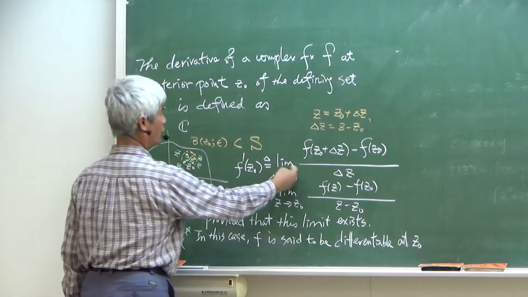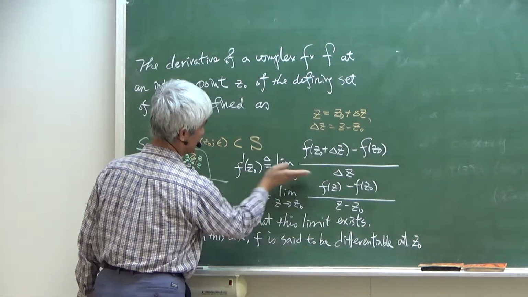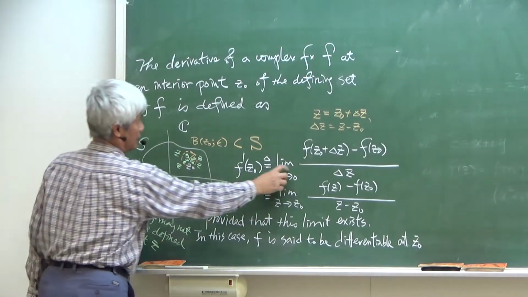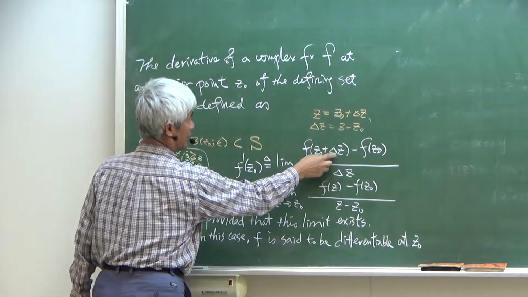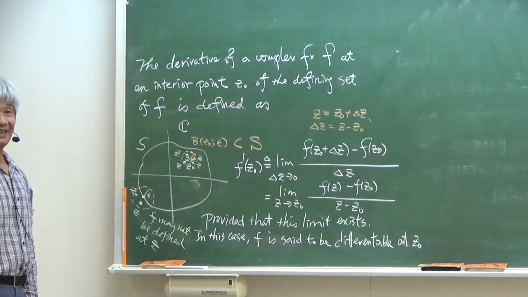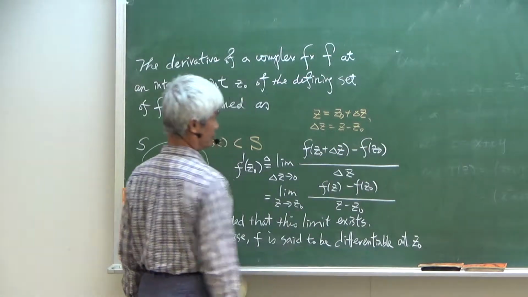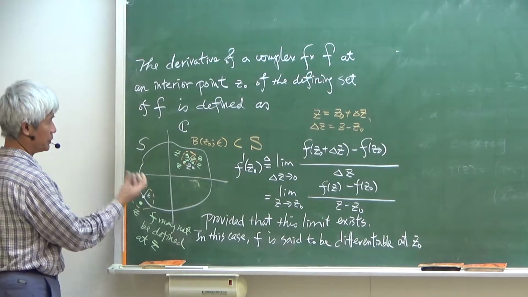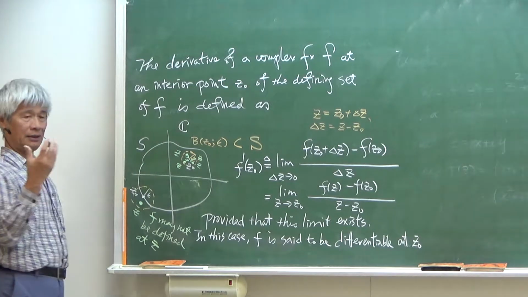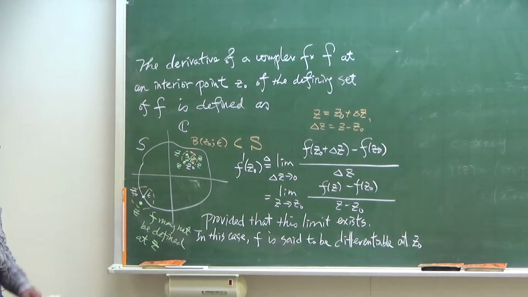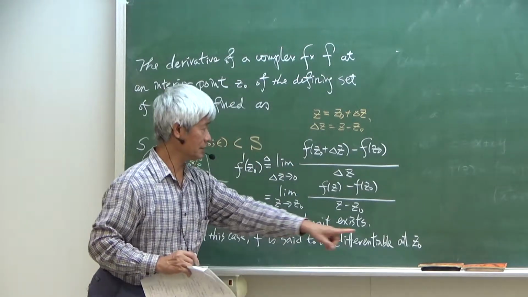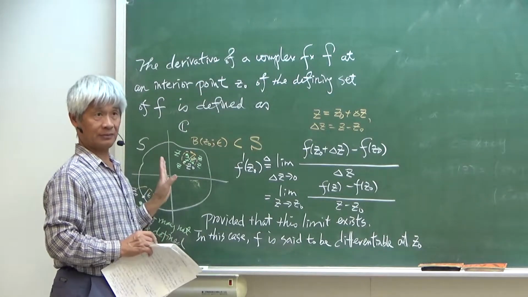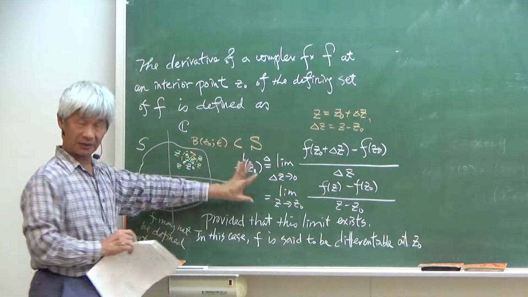So it is very hard to say what the limiting process is, because for some delta z, f is undefined. You have no value, so you cannot find the difference in the numerator. That's why it is usually required that when we say a complex function is differentiable at a point z0, the point z0 should be an interior point of the defining set of the function. Otherwise, we have a technical problem here.